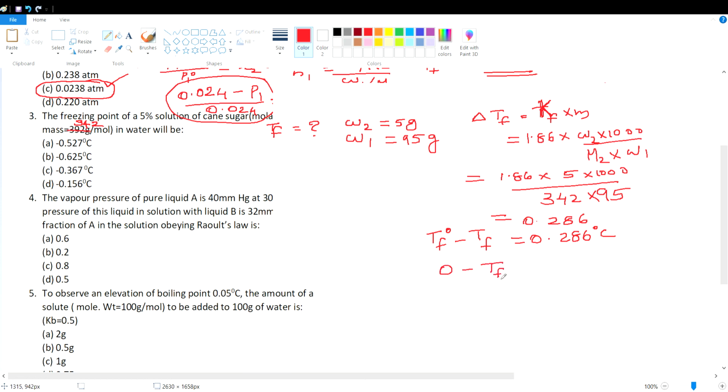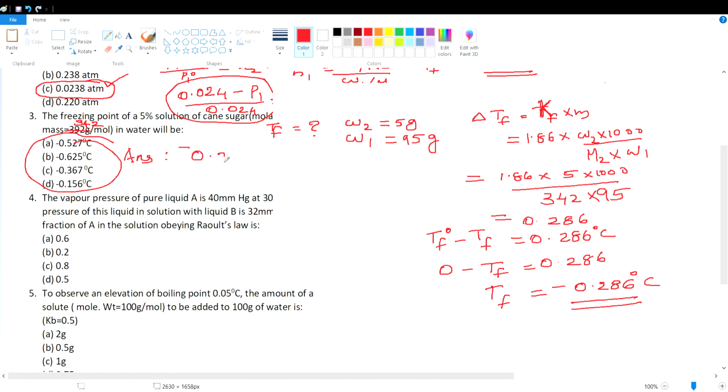So 0 minus TF is equal to 0.286, so TF will be equal to negative 0.286 degree Celsius. The answer is not there in the options. The correct answer is negative 0.286 degree Celsius.